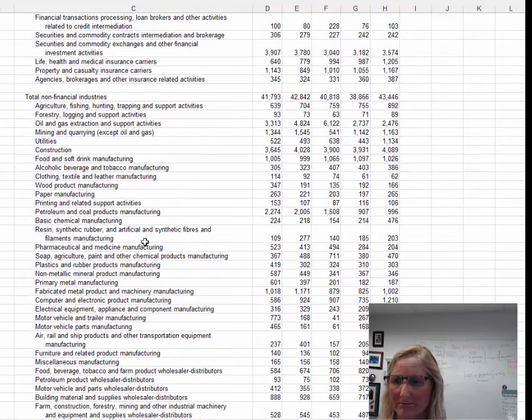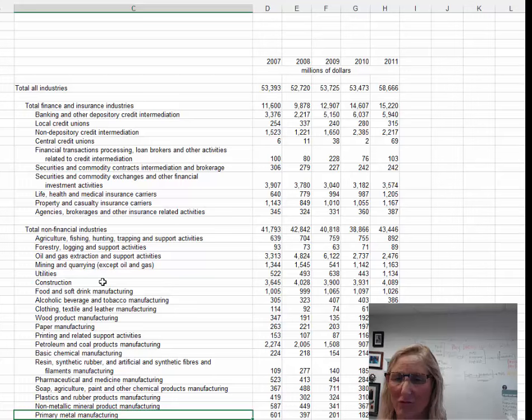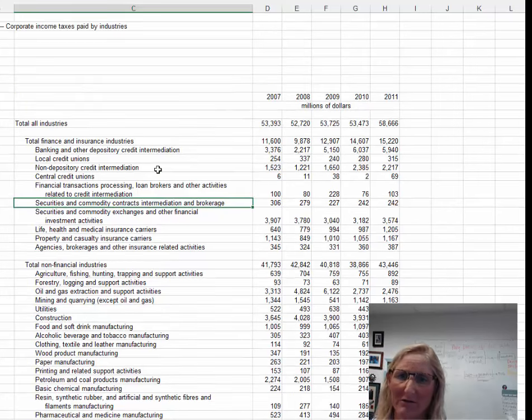So it looks like they're paying more taxes each year, so that's kind of what we would expect. But this at least gives us sort of a large picture. It is interesting, I'm just noting this, that the amount of taxes in petroleum and coal products and manufacturing seems to be going down, but interesting. But anyhow, this gives us at least something, right? Okay, well, so globally, it appears that taxes are going up each year, or the amount.